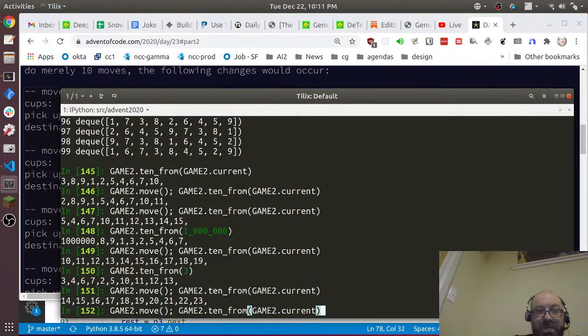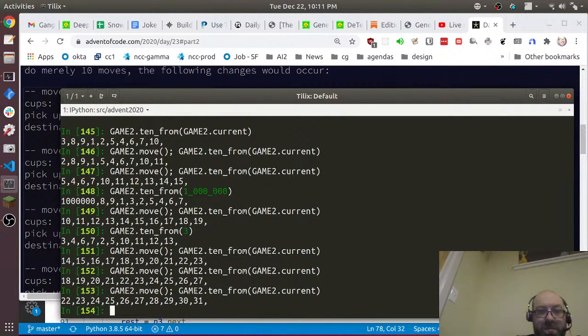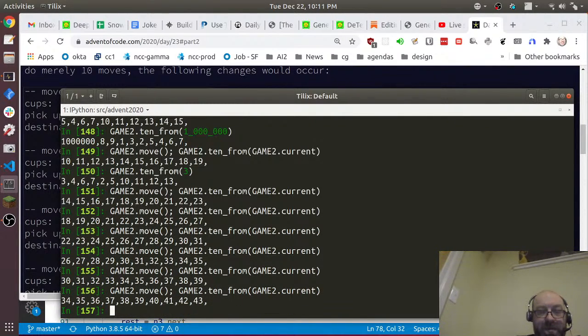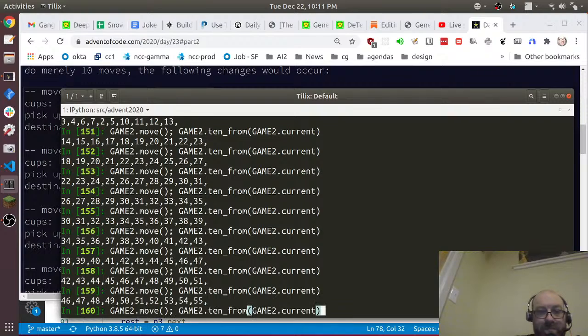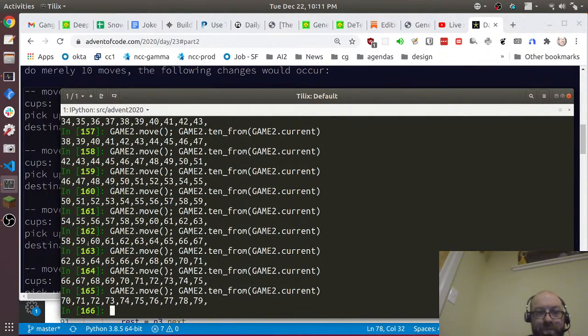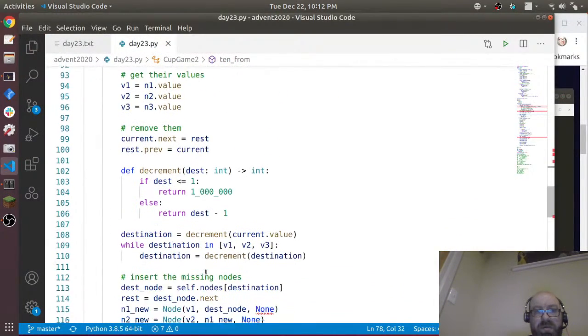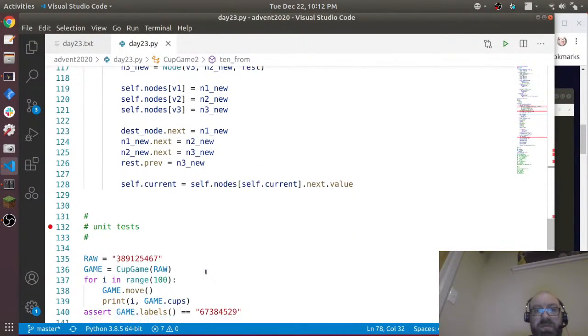I'll stick them after 13, which is going to be back in the past. Let's do that. So that looks pretty reasonable, everything it's doing.